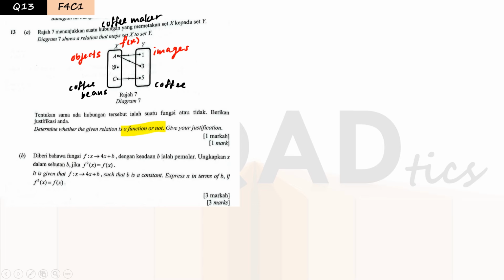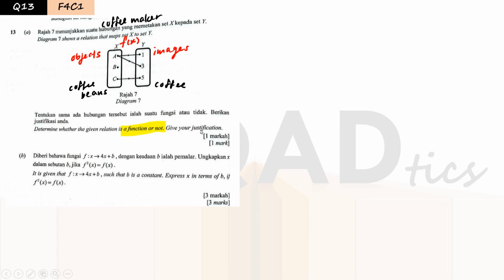So if I have coffee beans and put them into the coffee maker, I can produce coffee. It's the same thing where we put the objects inside f of x, and it produces the images. Now let us see whether it is logical or not.